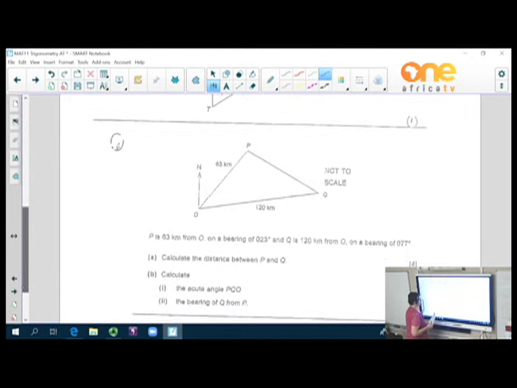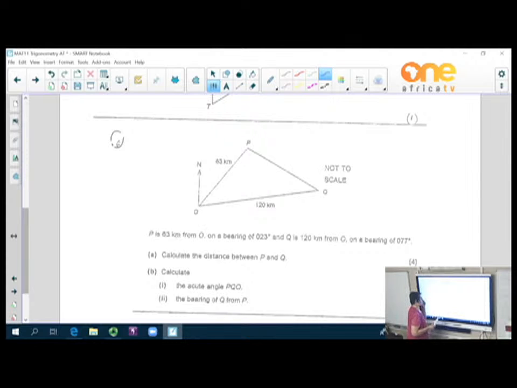Question 6. Now, is this a right angle triangle? No. It's not a right angle triangle. So now you're going to use those other formulas, the cosine rule and the sine rule. P is 63 kilometers from O on a bearing of 23 degrees. So that angle there is 23 degrees.